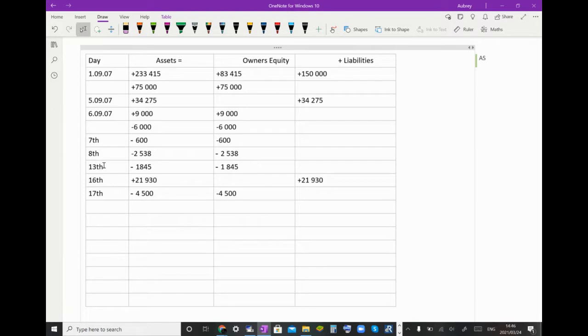Which accounts are affected? Bank? Are you sure? Packaging materials definitely, because that's what we're buying. And creditors control. So that was on the 19th. Bank is not affected. Packaging material is an expense, so owner's equity is going to be affected.